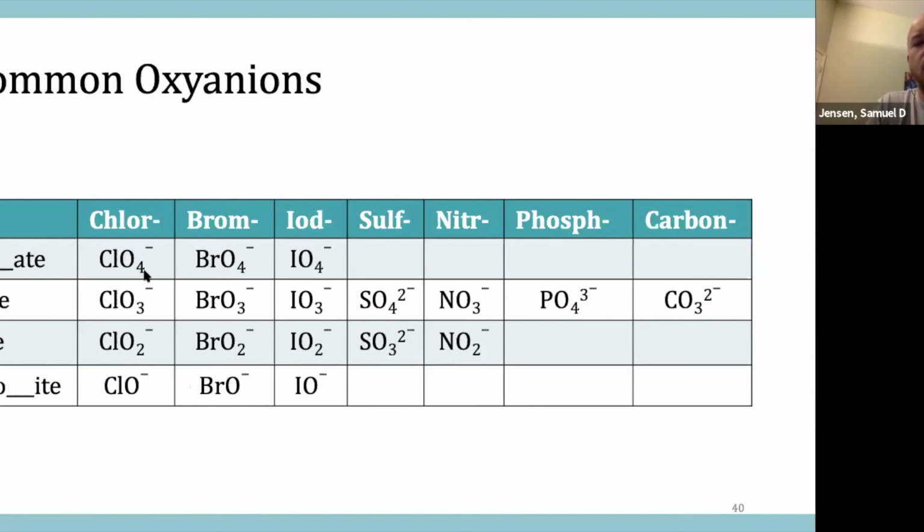The number of oxygens here, okay, their charge is going to be the same. So the oxidation state for the nonmetals are the same as long as they have the same number of oxygens. So if they have the same number of oxygens, they have the same oxidation state, then they have the same name that goes with them.